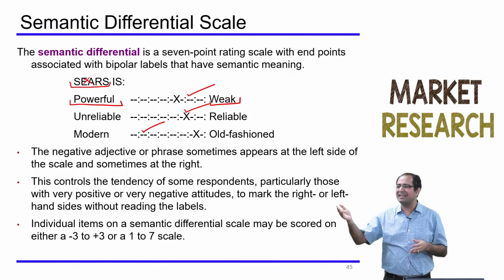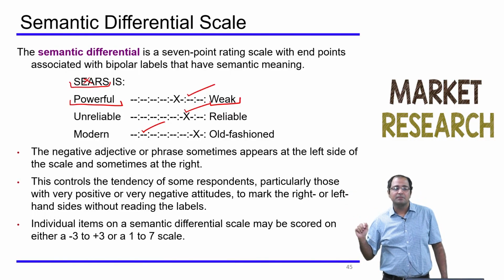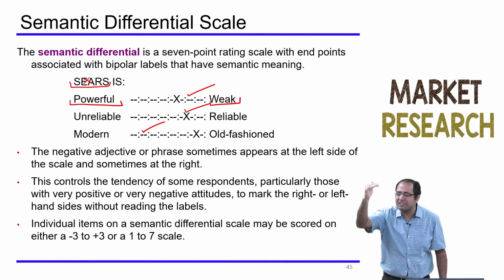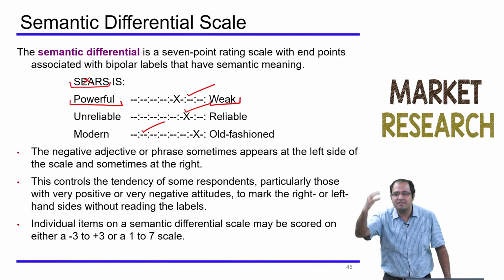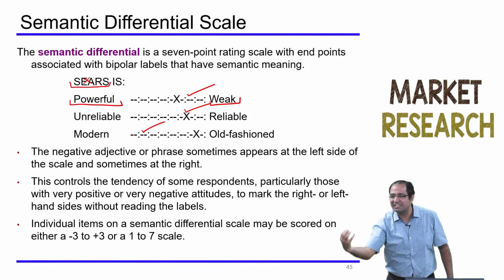Here also the similarity is there. It can be multiple item or single item. For measuring preference towards Pepsi, we use multiple items: tasty, modern, powerful, and we can take the summated.